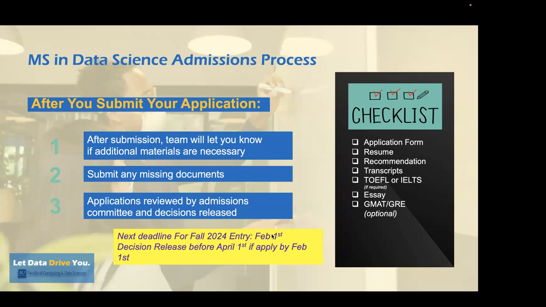If you apply by February 1st, you'll definitely hear from us by April 1st. And I'm very confident we'll release decisions earlier than April 1st. So stay tuned. If you don't hear from us, it's good news. Just wait to hear a decision from us.